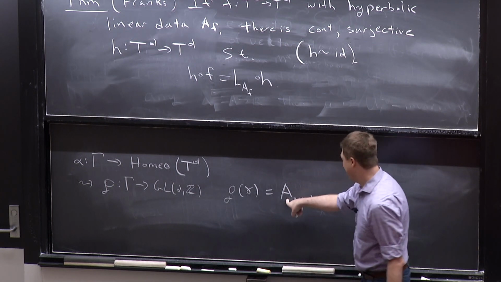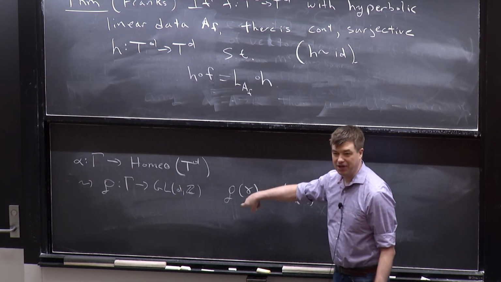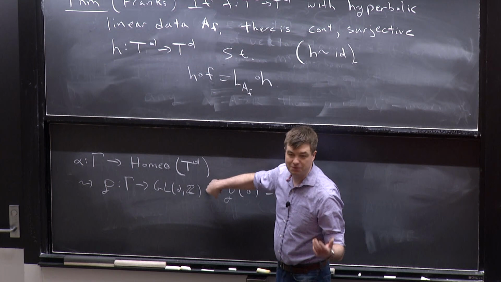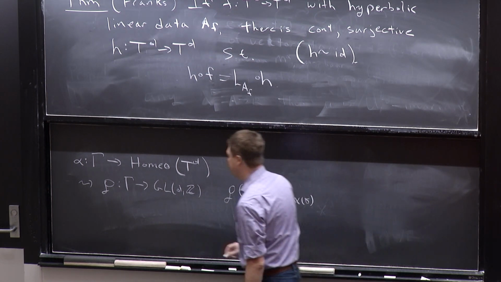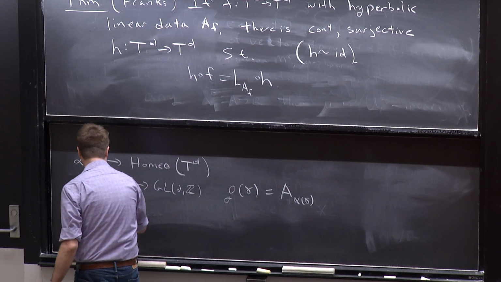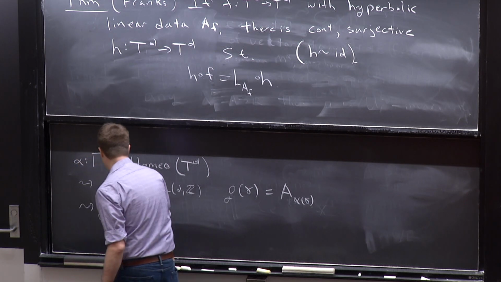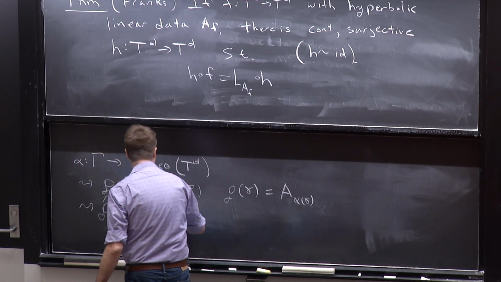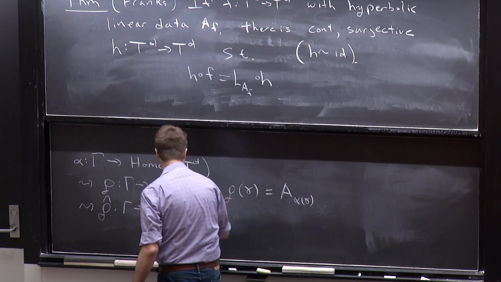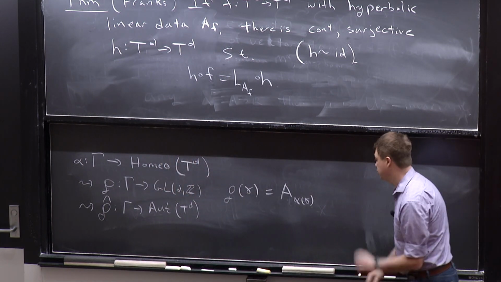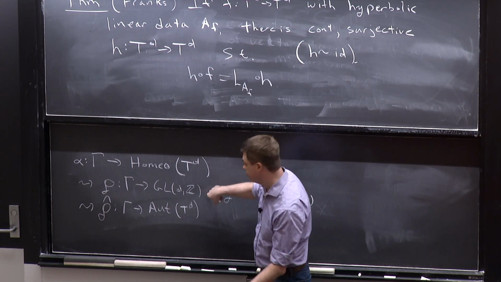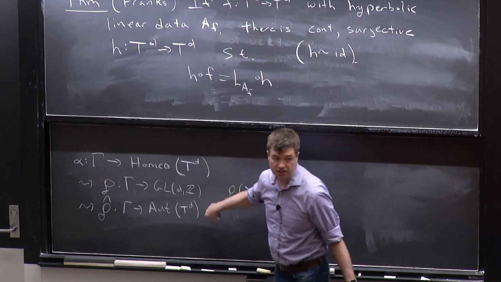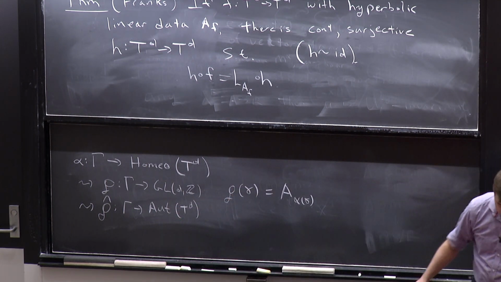So I'll stop writing A_alpha of gamma, and I'll just call that rho of gamma. And you can check that this is a representation. And then, of course, this induces, maybe I'll call it rho hat, an action of gamma by automorphisms of the torus, just because these guys have integer entries, so you can do the exact same construction and get an action by automorphisms of the torus.